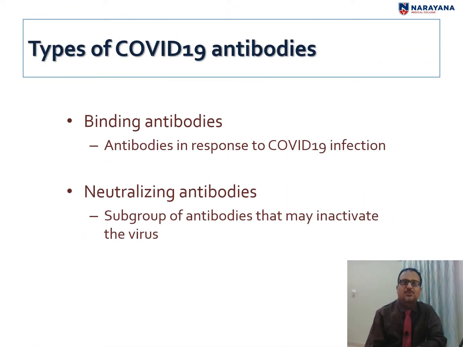Now, what types of COVID-19 antibodies are produced? As we all know, one type is binding antibodies. These binding antibodies are produced in the form of IgM and IgG. Another variety is neutralizing antibodies. These are a subgroup of antibodies that may inactivate the virus.